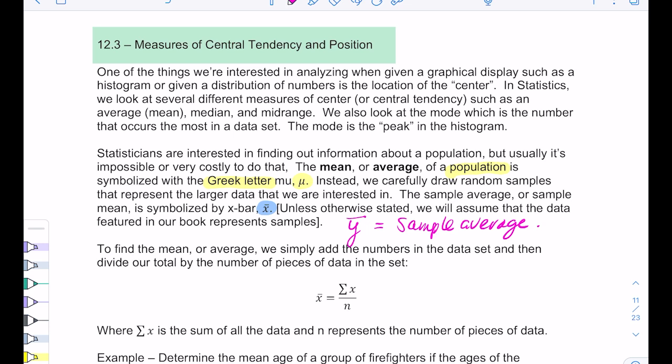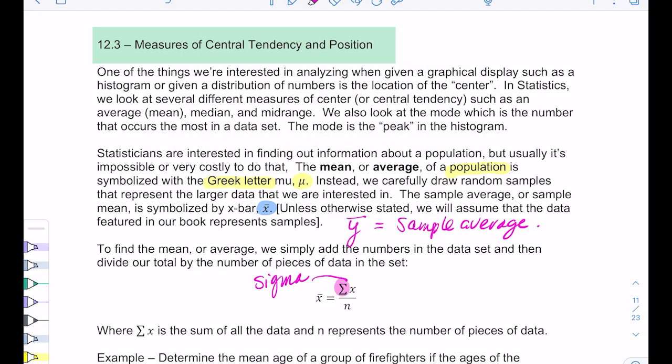To find an average, all we're going to do is add the numbers in the data set and then divide our total by the number of pieces of data in the set. The fancy way of writing that is using the Greek symbol sigma. Anytime you see sigma, it refers to summing.